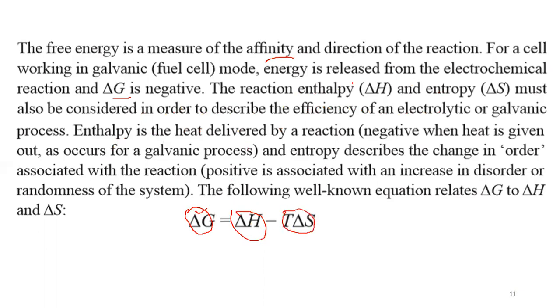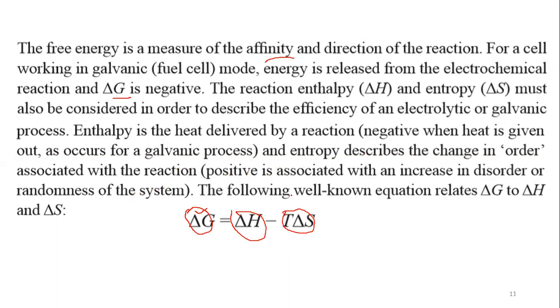Enthalpy is the heat delivered by the reaction. Negative means heat is given out, as in the galvanic process. And entropy describes the change in order associated with the reaction. Positive means an increase in disorder and randomness of the system.